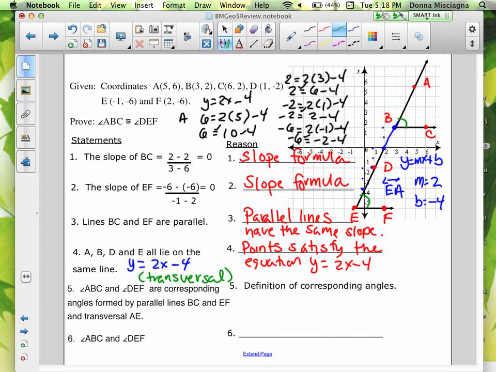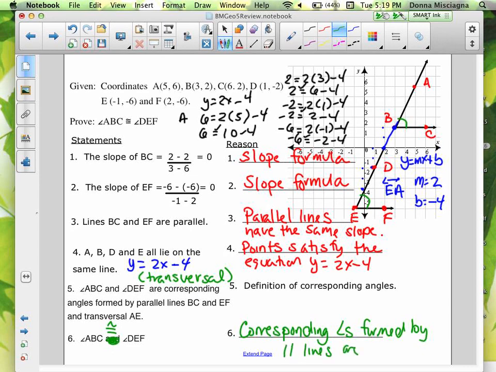We know that angle ABC is, oh, excuse me, I shouldn't say and, I should say is congruent. All my little typos. ABC is congruent to angle DEF, and that is the corresponding angles formed by parallel lines.